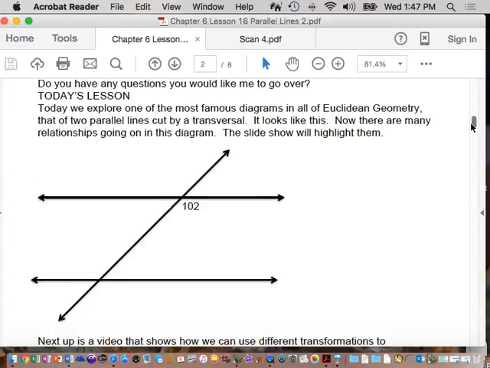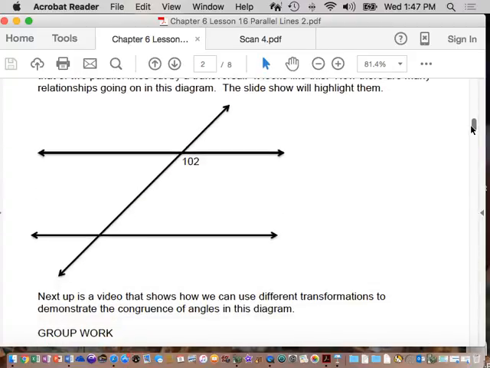Now we get to the guts of today's lesson. We started yesterday talking about two parallel lines. Here they are. Parallel means they go on forever and ever and don't touch. And they're cut by a transversal. That's the line that's going across at an upward angle there.